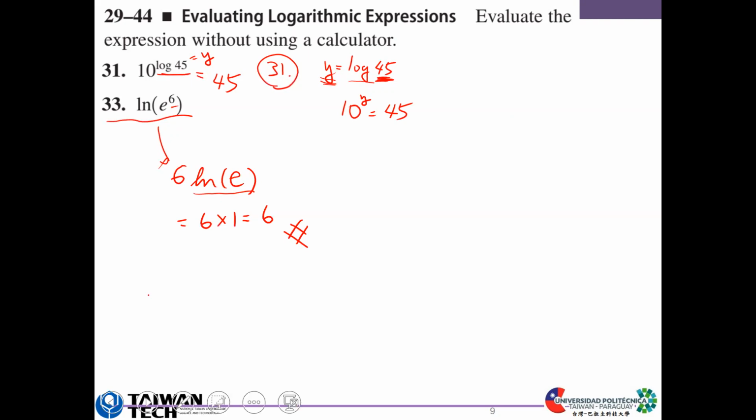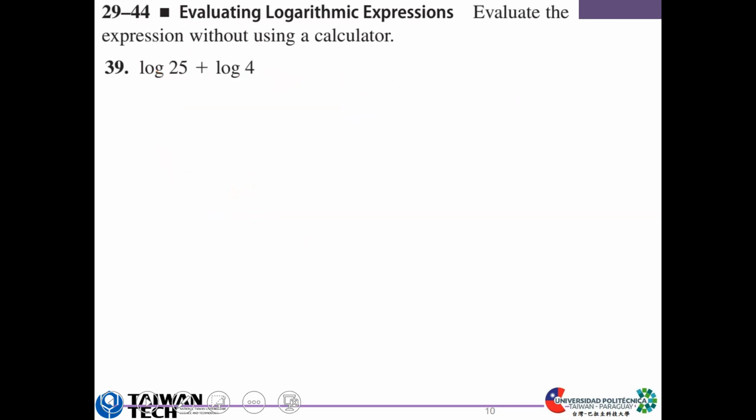Okay, let's look at the next problem, which is problem 39. Evaluating a logarithmic expression: evaluate the expression without using a calculator. Okay, no calculators.